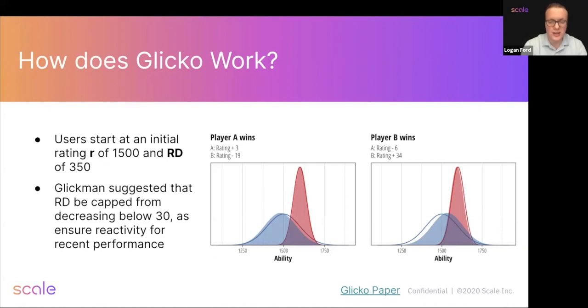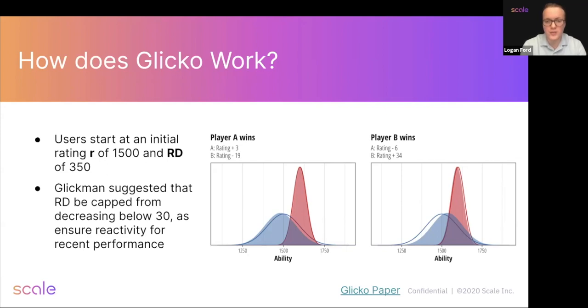And just to outline how this all comes together in terms of the update rules, and what this actually means for how your ratings can change when playing a game. We have this example on the right with two outcomes for a match between players A and B, where A is the red player and B is the blue.